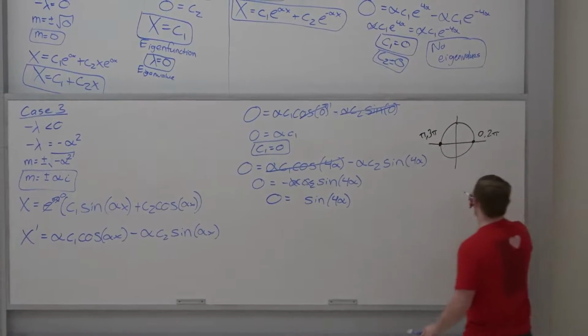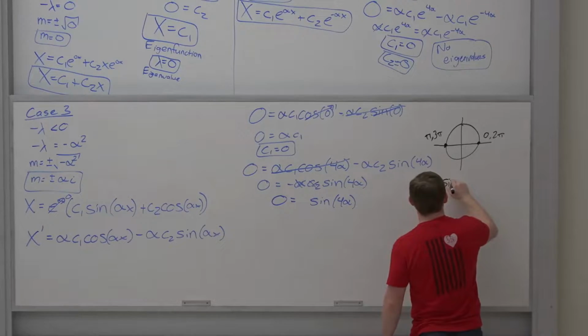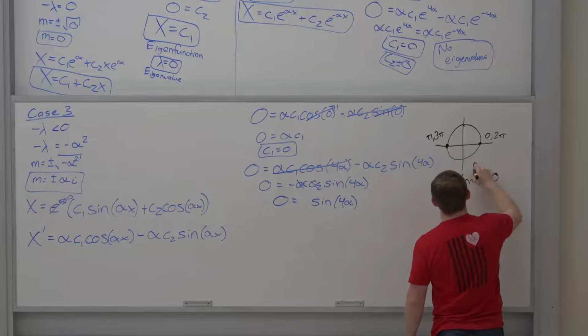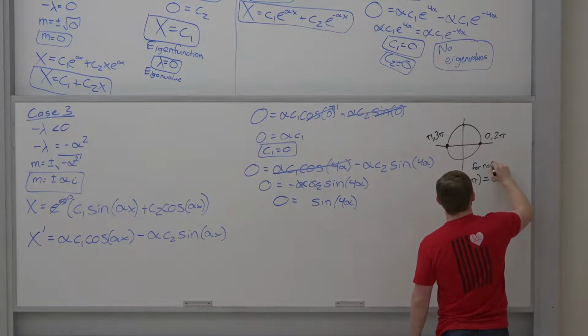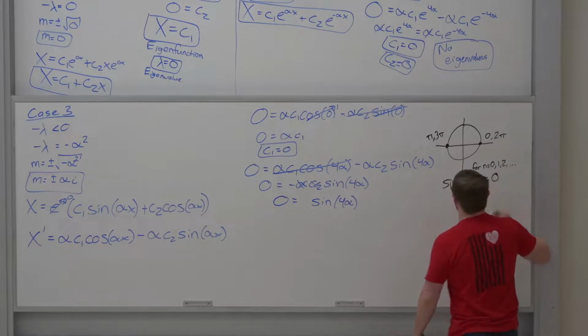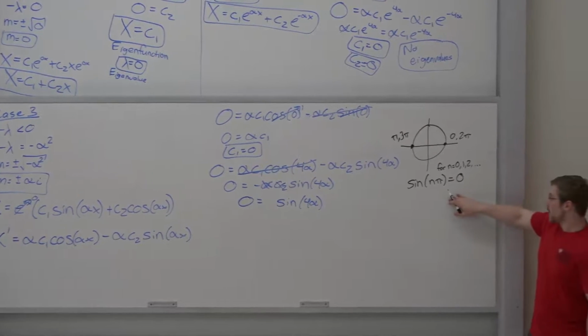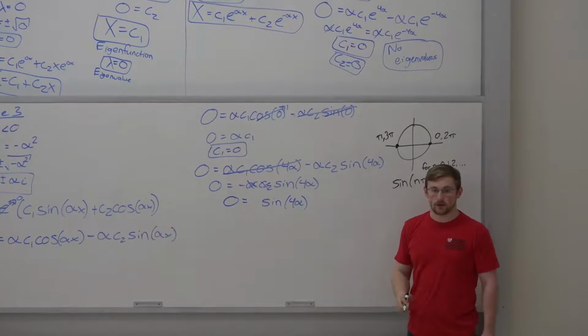So that means I know that sine of n pi is equal to 0 for n equal to 0, 1, 2, and so on. Do we all agree with this? That sine of n pi is equal to 0. Well, I need sine of 4 alpha to be equal to 0.